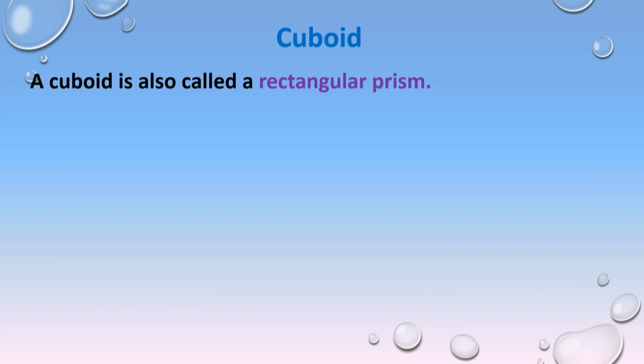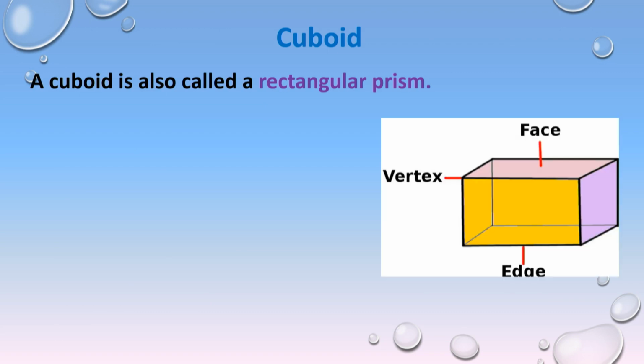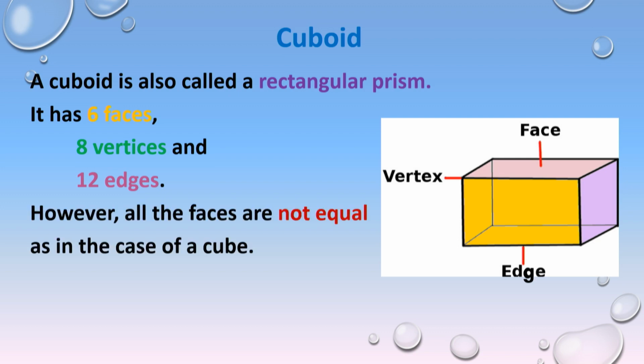Now we move on to cuboid. As I have mentioned earlier, a cuboid is also called a rectangular prism. So a cuboid will have 6 faces, 8 vertices, and 12 edges, just like a cube. However, here all the faces are not equal.